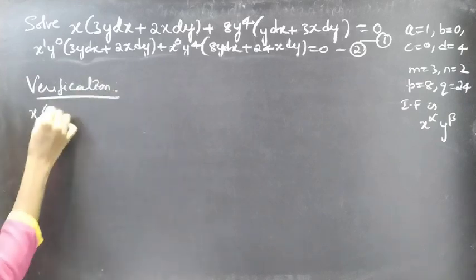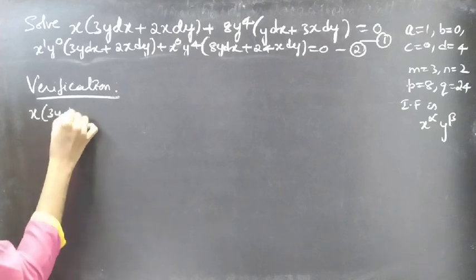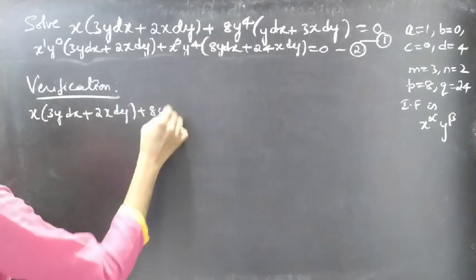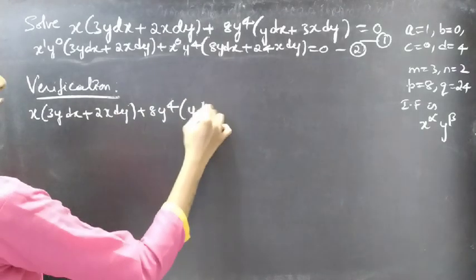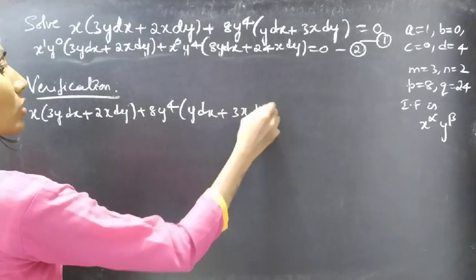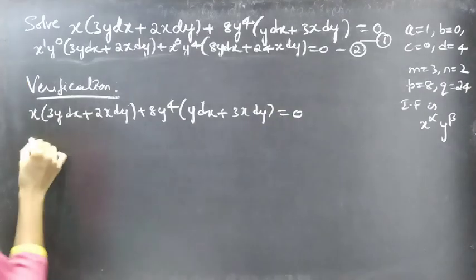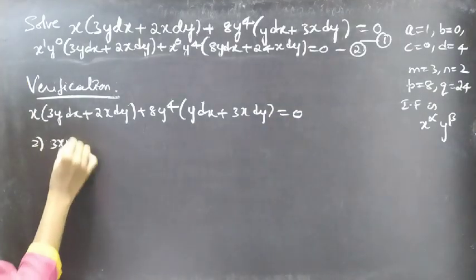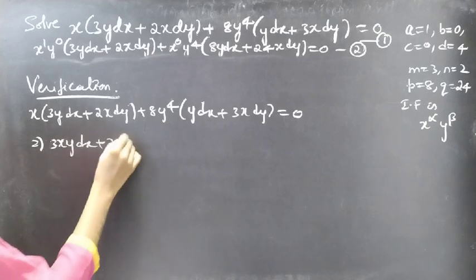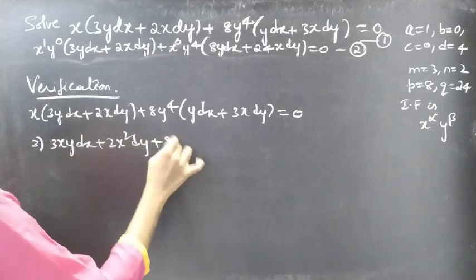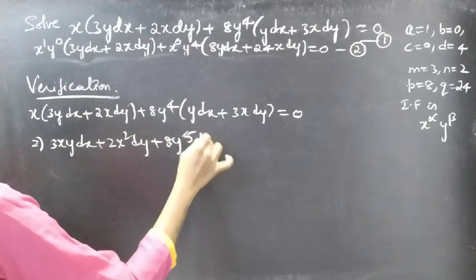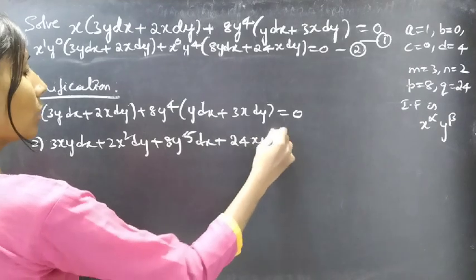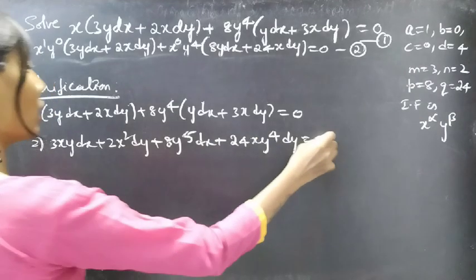We are given the differential equation x into (3y dx plus 2x dy) plus 8y power 4 into (y dx plus 3x dy) equal to 0, right? We can write this as 3xy dx plus 2x square dy plus 8y power 5 dx plus 8 3s are 24 xy power 4 dy equal to 0, right?